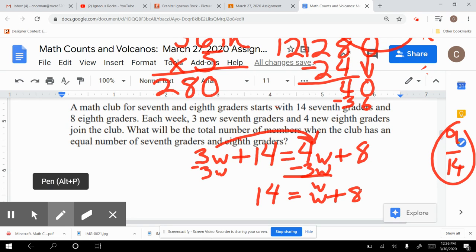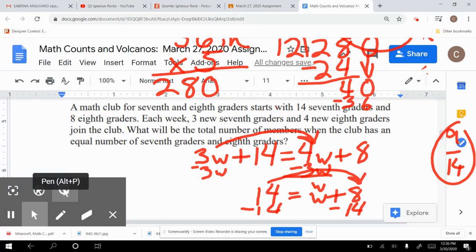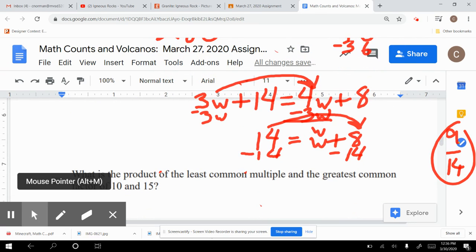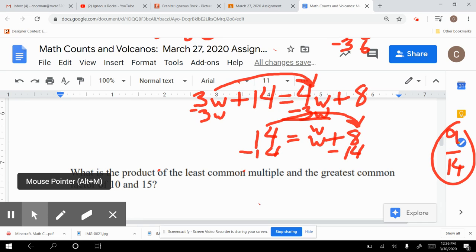Okay? Now, I'm going to get the 14 over here. Well, if I subtract 14 from this side and I subtract 14 from this side, that leaves me with 0 on this side.